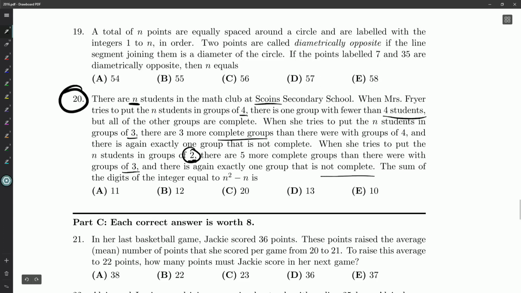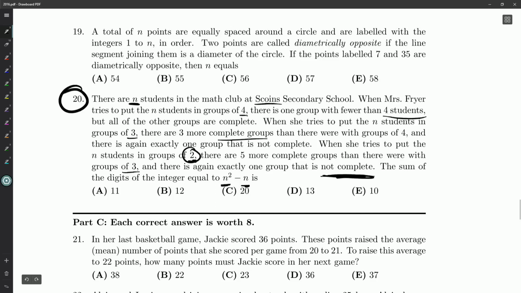The sum of the digits of the integer equal to n squared minus n is... I think this question was on the Pascal paper for this year as well. Anyway, for the Pascal question, I started at the end, because what caught my eye was that when she tries to put the students in groups of 2, you have something left over.